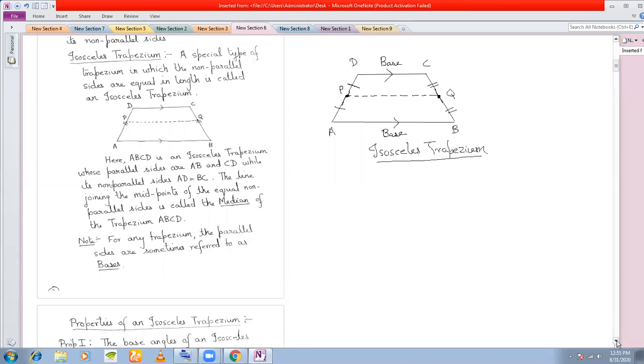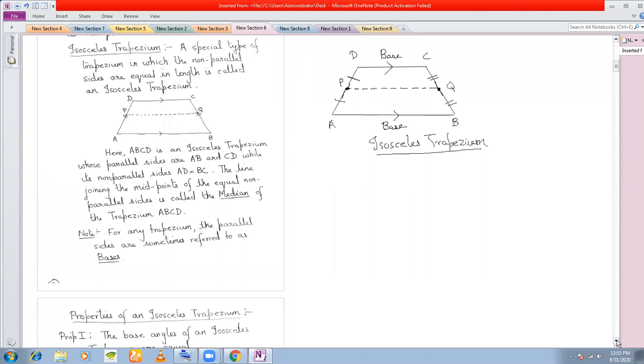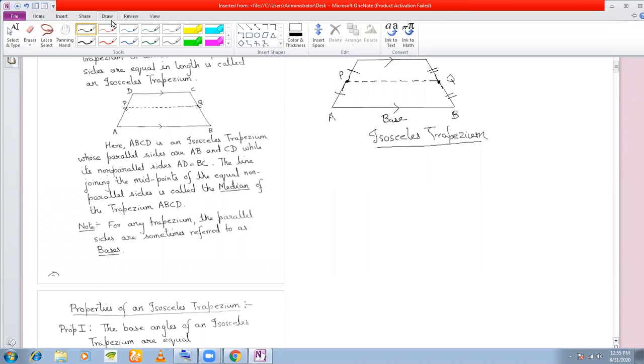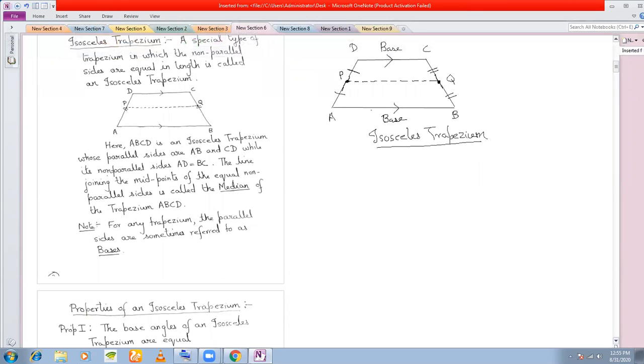Now, a special property of an isosceles trapezium is that the base angles are always equal. Now, what does it mean? The base angles will be equal. This angle, not for all trapeziums, only for an isosceles trapezium, these two angles will be equal.